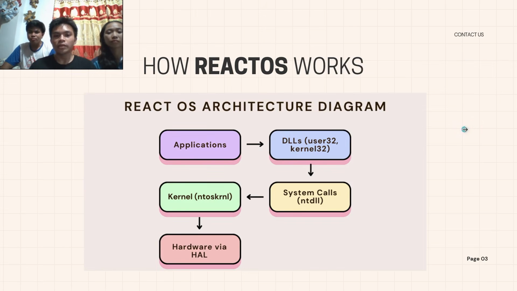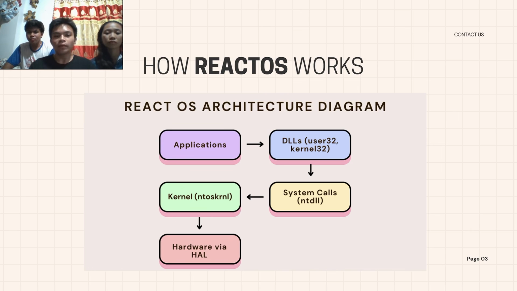How ReactOS works. ReactOS is modeled after the Windows NT architecture, which means it has two main layers, user mode and kernel mode. In user mode, you'll find application system libraries like kernel32.dll and user32.dll and the Win32 subsystems.